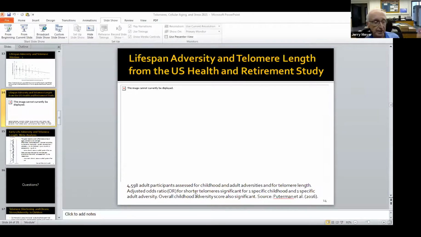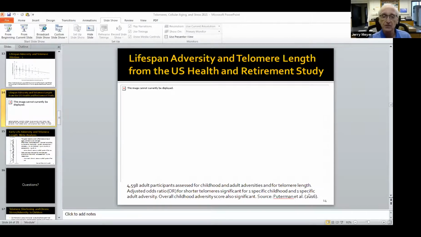So this was yes or no. Do you have shorter telomeres or not in relation to any specific adversity? I don't have the graphic to help my memory, so I don't remember what the childhood one was. The specific adult adversity was rather interesting. That happened to be need for use of Medicaid.